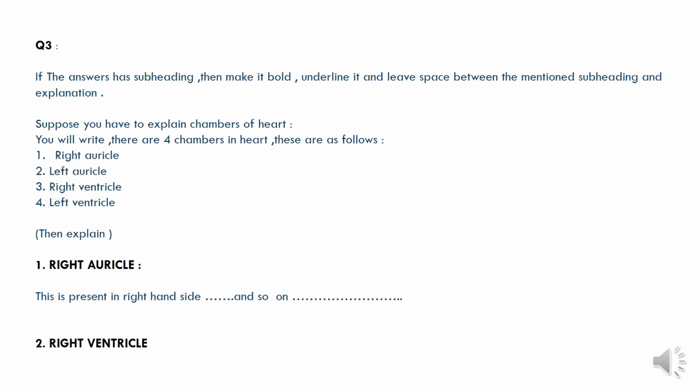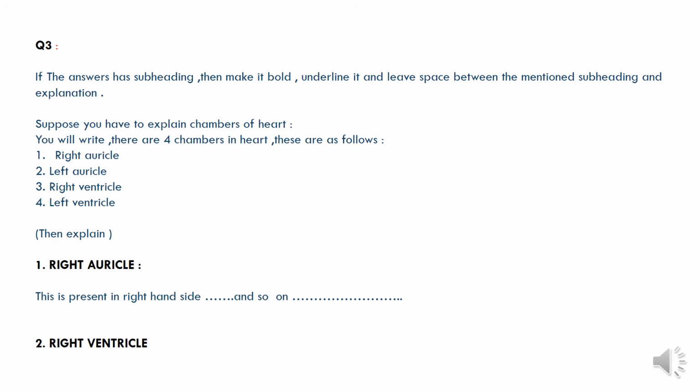Now suppose you want to attempt the third question, and the answer has subheadings. Then you have to write them in capital letters, bold letters, or you can underline them, okay. If you underline, then the checker knows that you know the four parts, because it will show clearly on your paper.